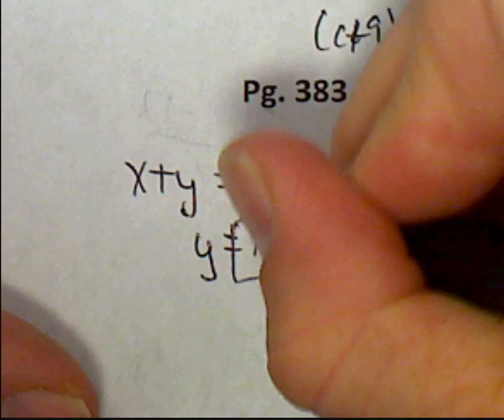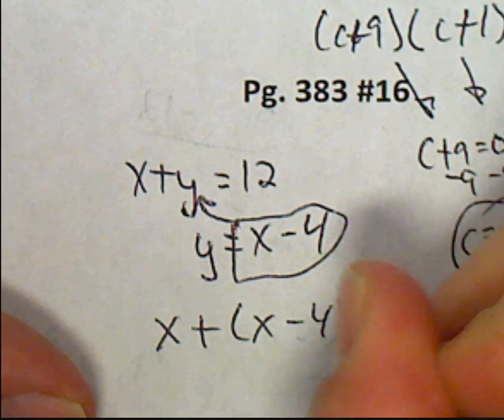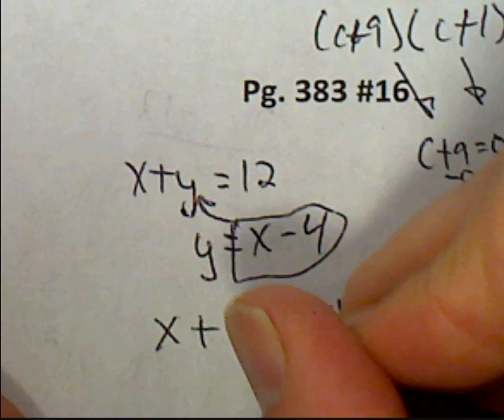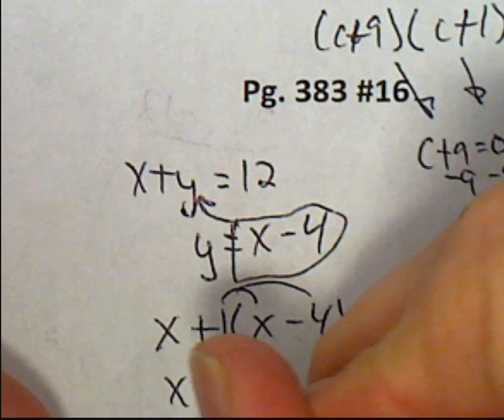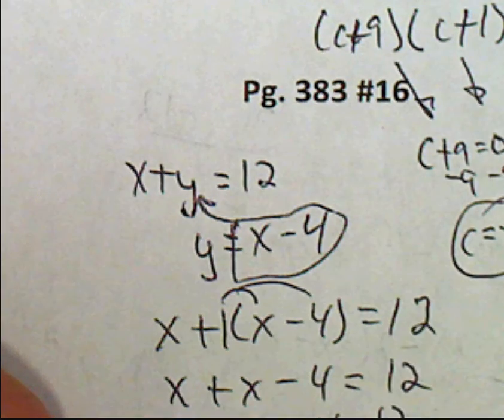Page 383, number 16. I got x plus y equals 12. I got y equals x minus 4. So x minus 4 goes into my y, so we got x plus x minus 4 equals 12. 2x minus 4 equals 12.